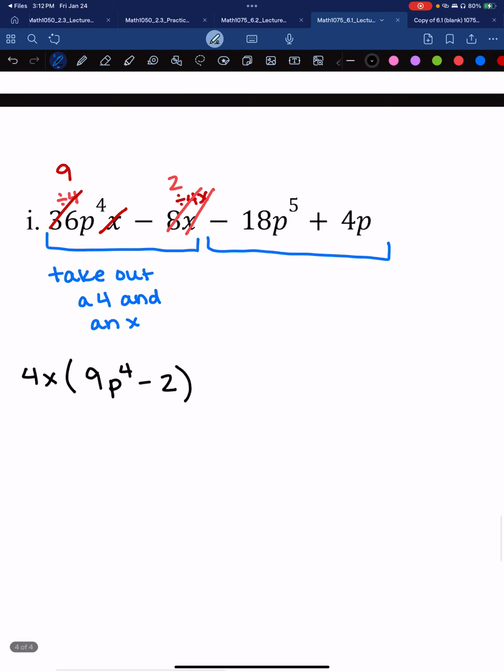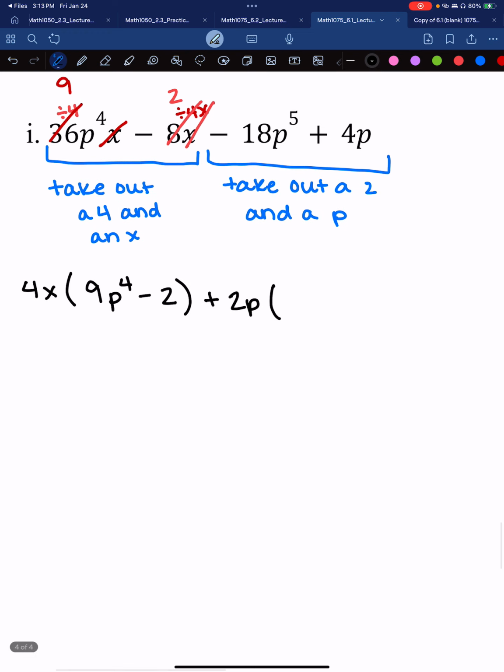Okay, so again, we need to look at the other side and see what we can take out. So the common factor of 18 and 4 is 2. So we're going to take out a 2. They also have a p in common, so there's p to the 5 and then 1p, which means we'll take out a p term. And let's go ahead and take out a positive, sorry, not 4, it's 2. 2p.